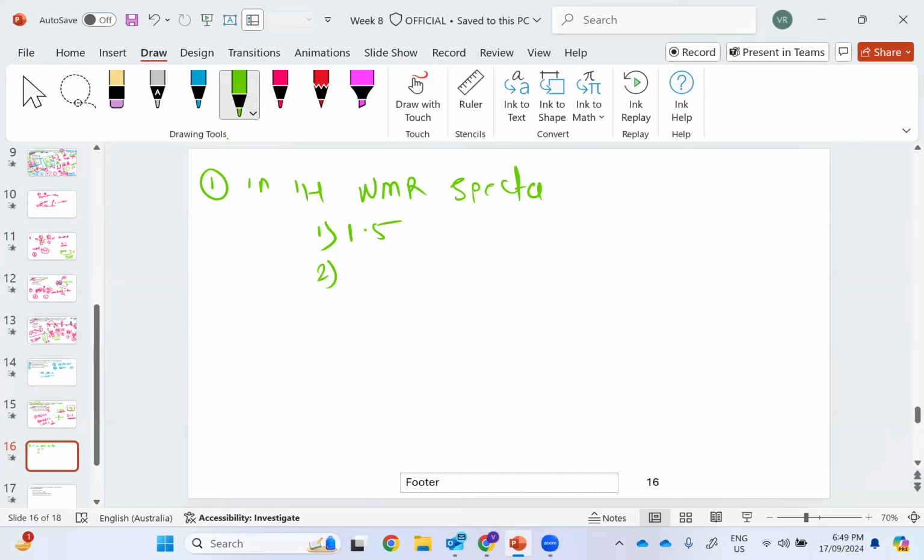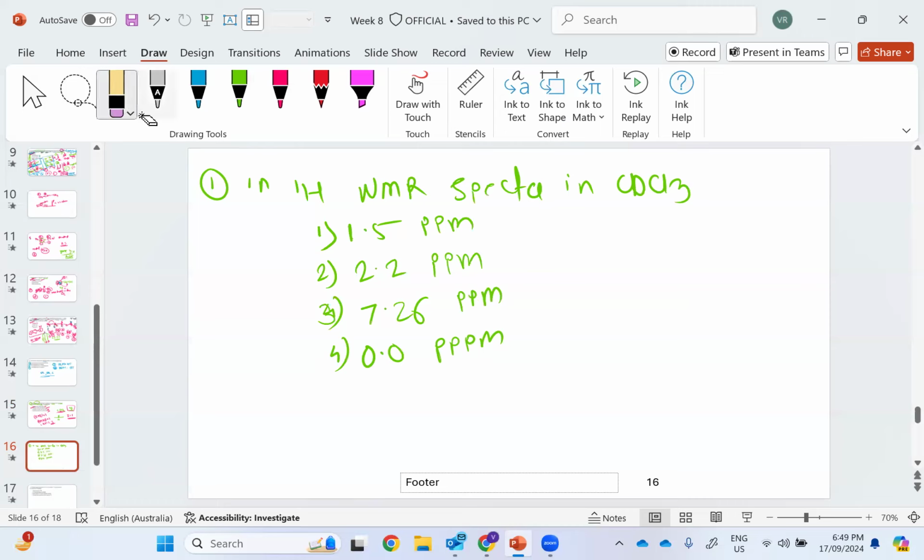Second, there you also observe peaks at 2.2. Third, we observe the peak at 7.26 when we are taking it in CDCl3. And also fourth, at 0.0 ppm. Does anyone know any answer here? So where does this peak come from?